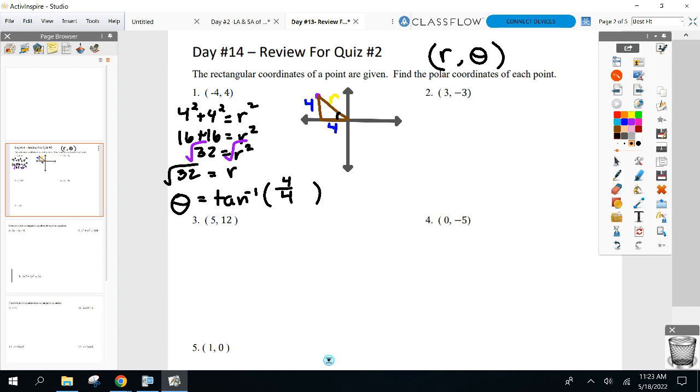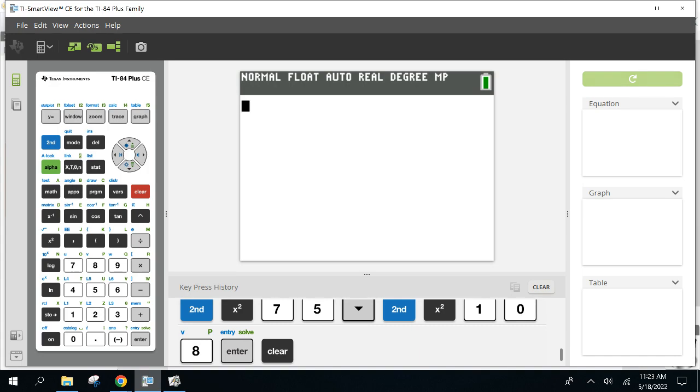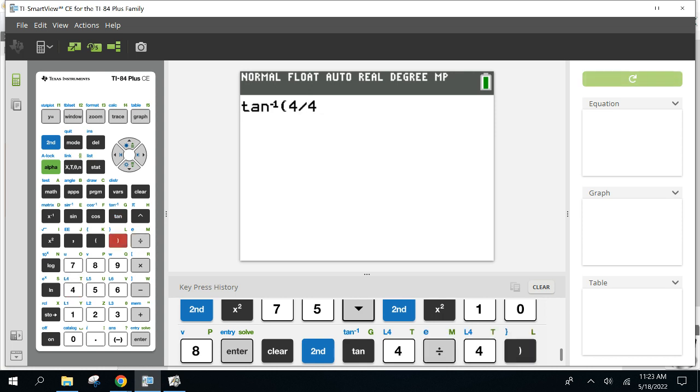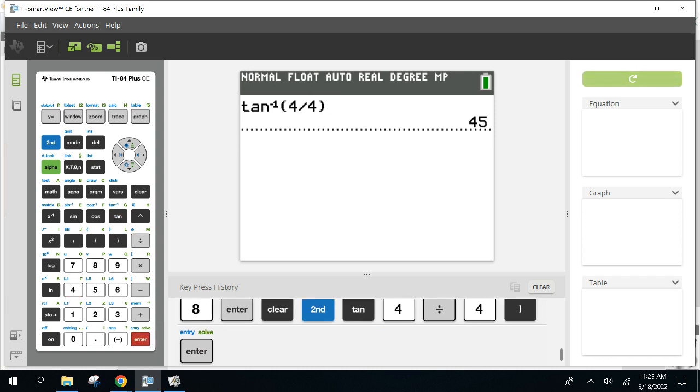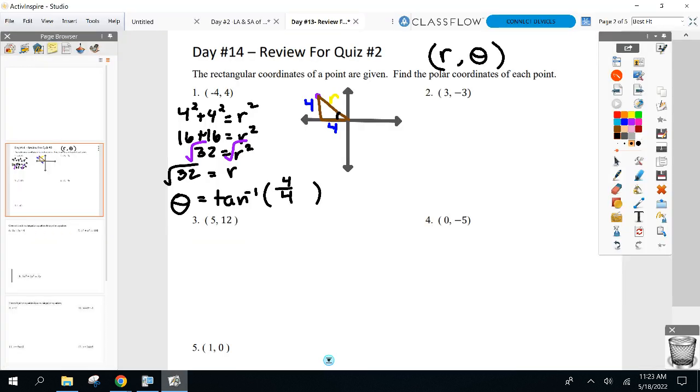Got your calculator, make sure it's in degree mode, doesn't need to be anything else. Inverse tangent, 4 over 4, there it is. Problem. So reference angle. Don't worry about the radians yet. There's still a problem before the radians.